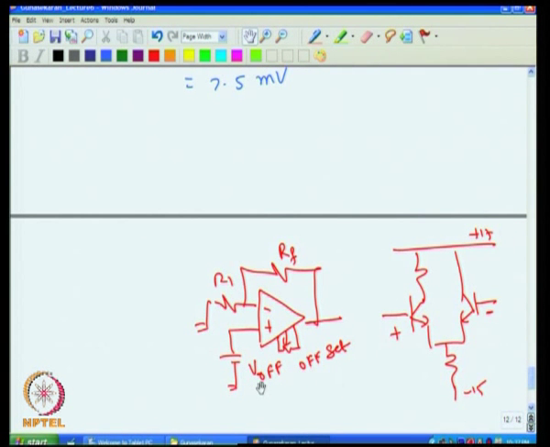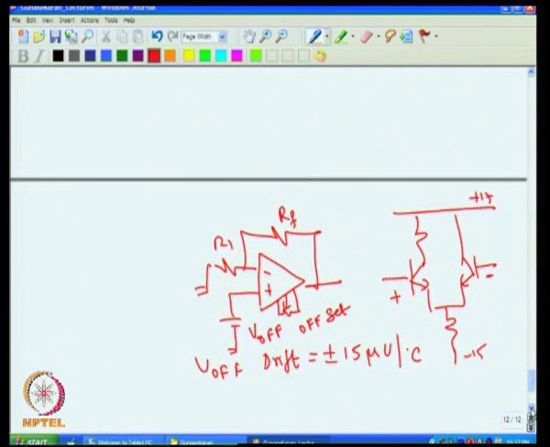For example, the 741 data sheet gives the offset voltage drift as plus or minus 15 microvolt per degree C. They call it the V offset drift.